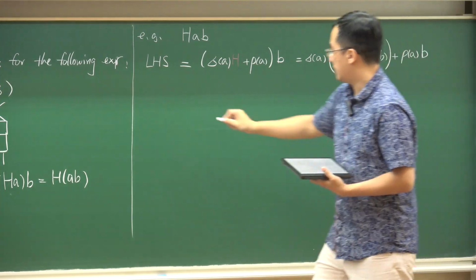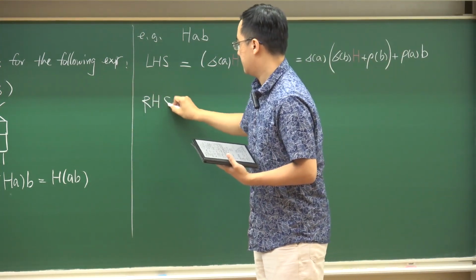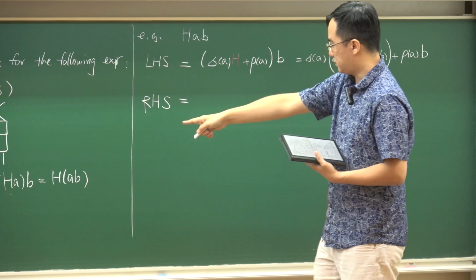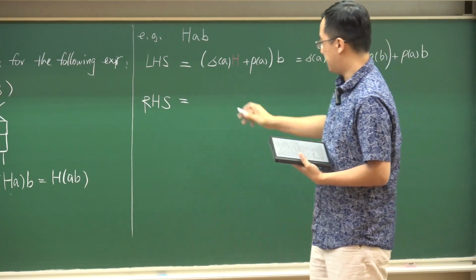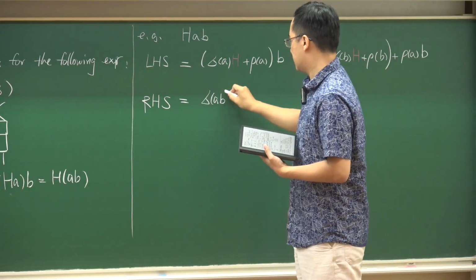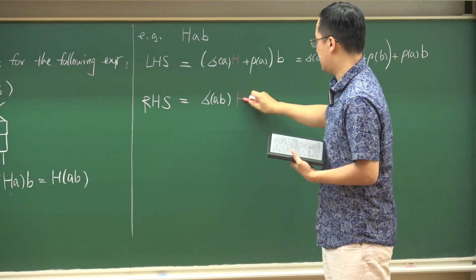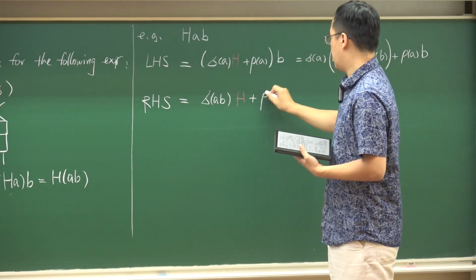And then on the right-hand side, you apply this to this element AB in the B-fold tensor. So you get sigma AB times H plus rho AB.